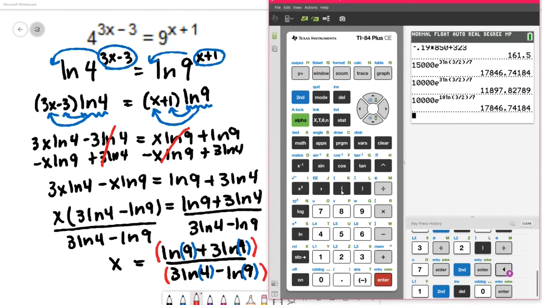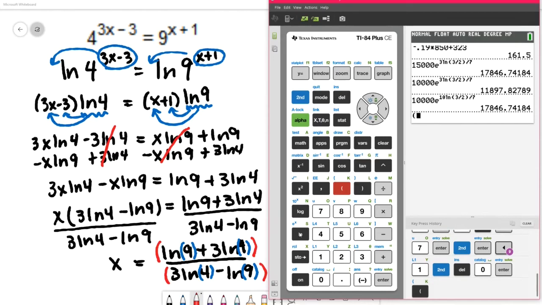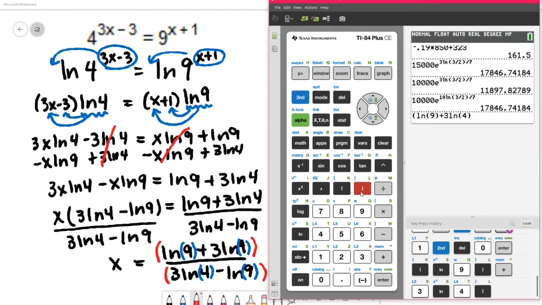So I'm going to start off with the first parenthesis, natural log of 9 plus 3 natural log of 4. And I'm closing parentheses here. So notice I closed the parenthesis after that 9, and I'm closing the parenthesis after that 4.